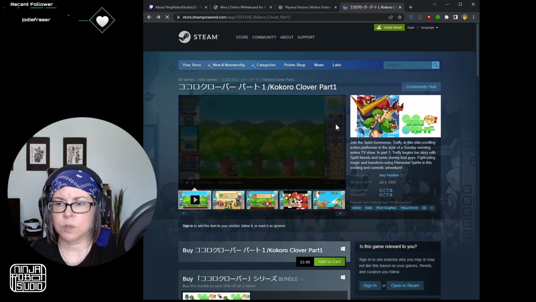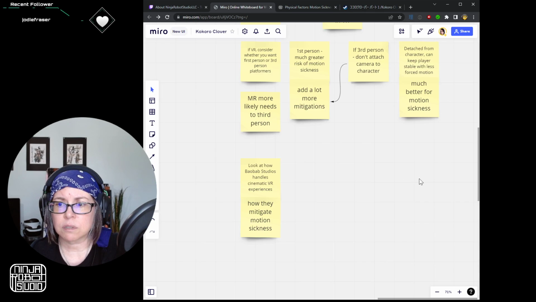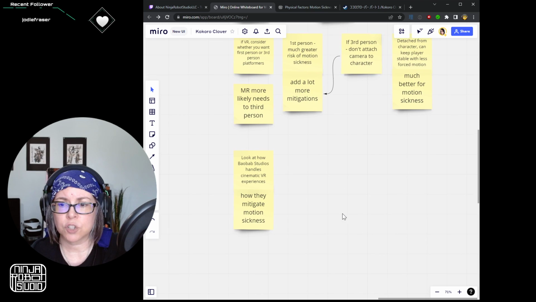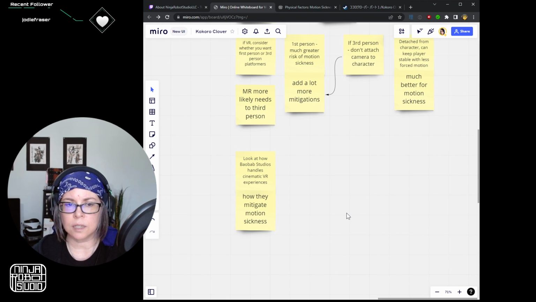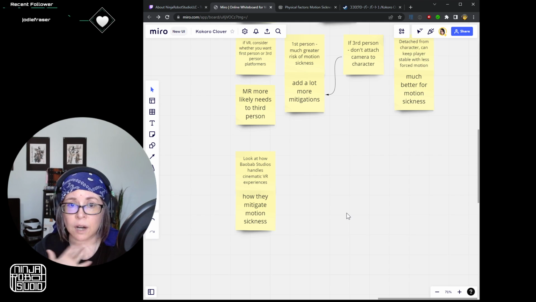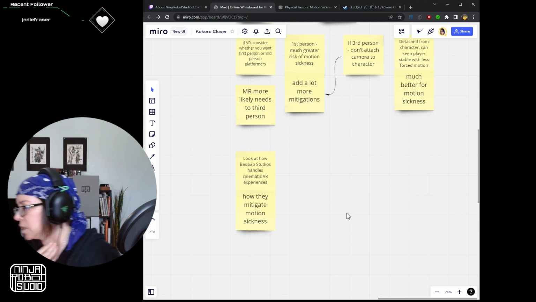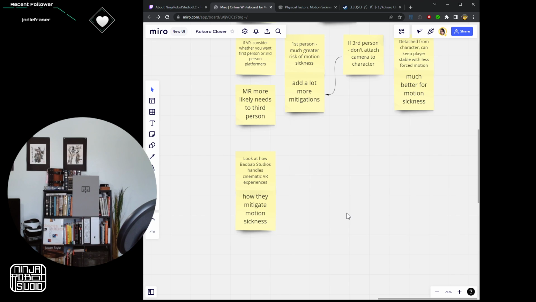The camera was stable and it was just the characters moving. That's all you need. That is the simplest, easiest way to handle a cutscene, is just have the characters move, not the scene. And you can pay attention to Baobab. It's a very good example of how they handle their cinematic VR experiences. And I will include that in show notes as well.